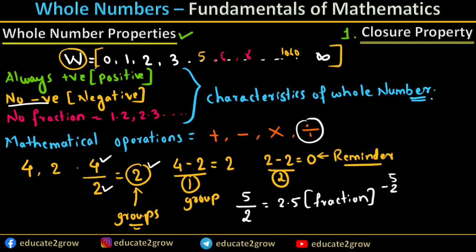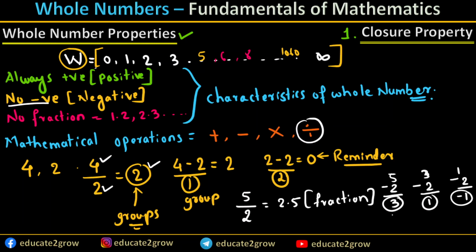5 minus 2, how much? 3 we get, right? And this is one group, and we have 3, and 3 minus 2, how much? We get 1, and 1 minus 2, so the remainder is not 0.